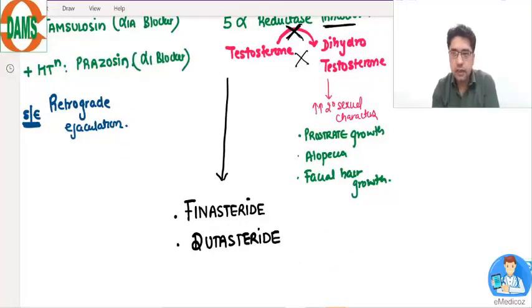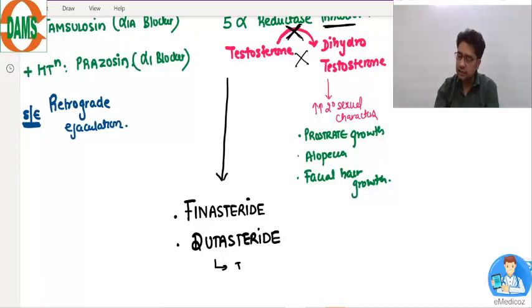Alopecia means loss of hair. You know that males with age develop alopecia, loss of hair. You also call it baldness. So finasteride and dutasteride are given for the treatment of BPH and for male pattern alopecia.